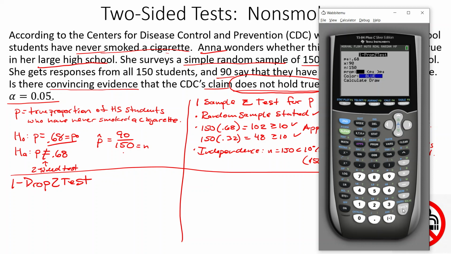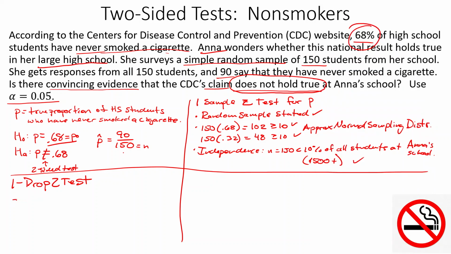We want the alternative hypothesis not equal to, and calculate, and we get negative 2.1 and so on. So our z is negative 2.1, and our p-value was 0.03, and so on.